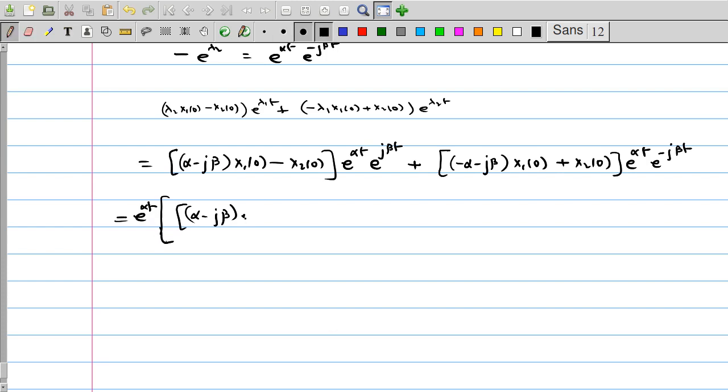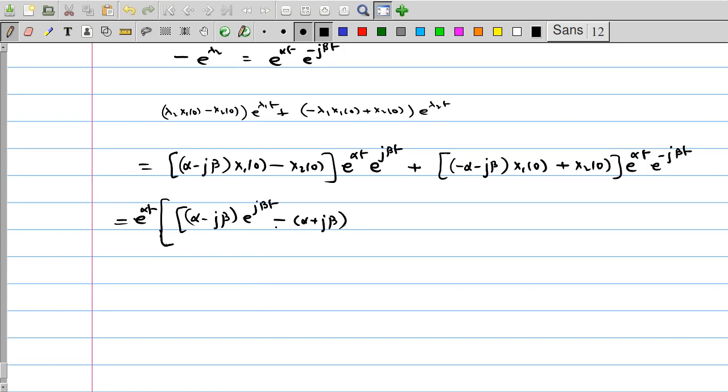And then we have e to the power of j beta t over here, and then we have minus alpha plus j beta, so the complex conjugate of that, but with a minus, times e to the power of minus j beta t. You observe something nice about this?